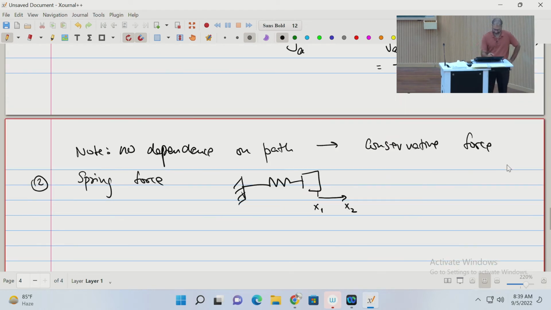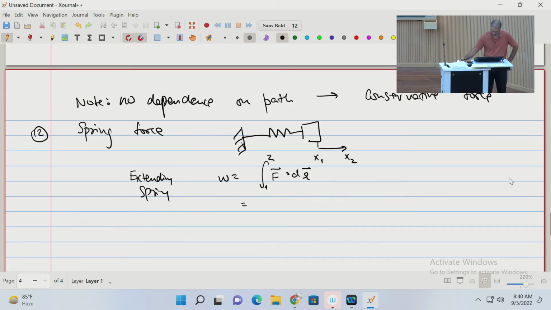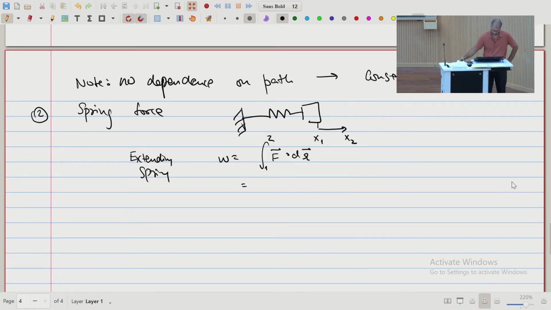In this case, when we are extending the spring, we see F and dr in opposite directions. dr is simply dx i hat.